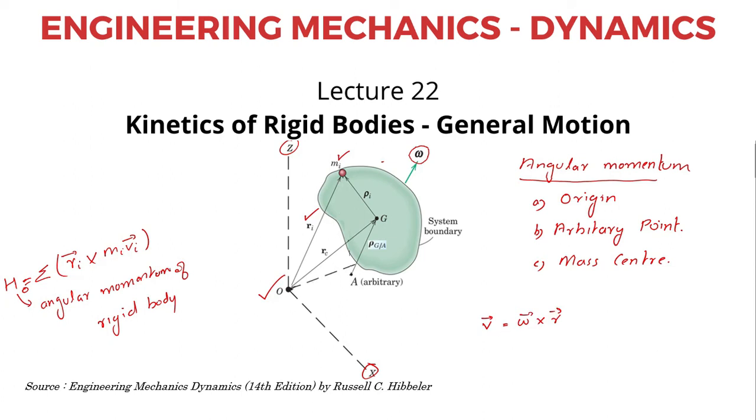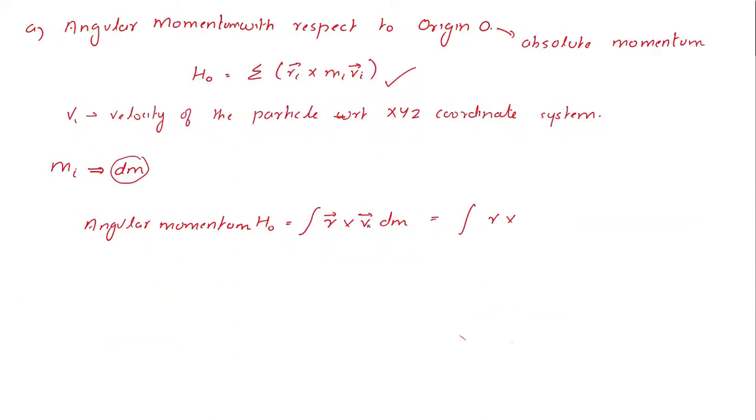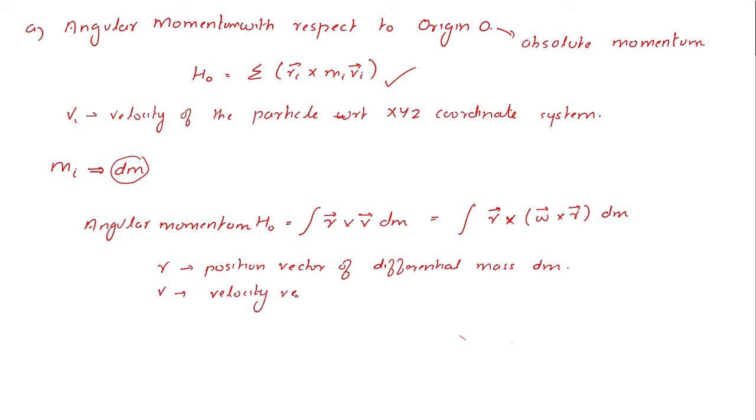If I replace this in the equation, I get the integral of r vector cross omega vector cross r vector dm, where r vector represents the position vector of the differential mass dm, and v represents the velocity vector of the differential mass dm.